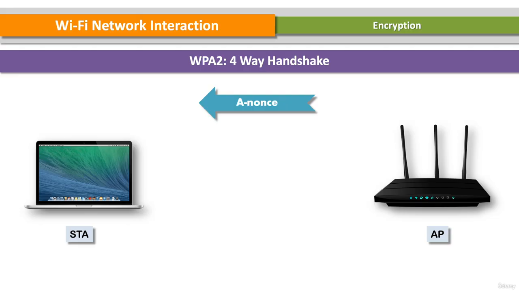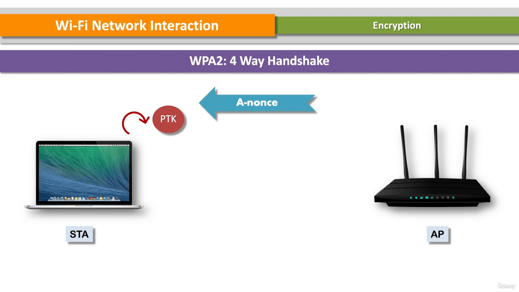The client device knows the AP's MAC address because it's connected to it. It has the PMK, S nonce, and its own MAC address. So once it receives the A nonce from the access point, it has all the inputs it needs to create the PTK.